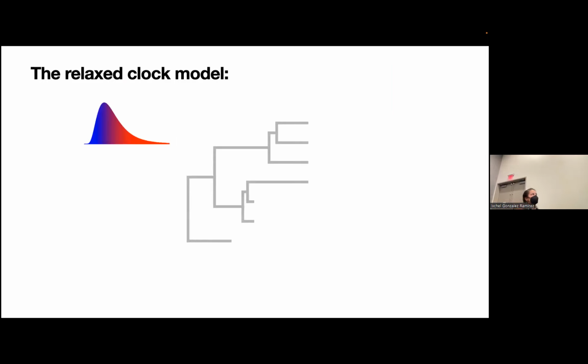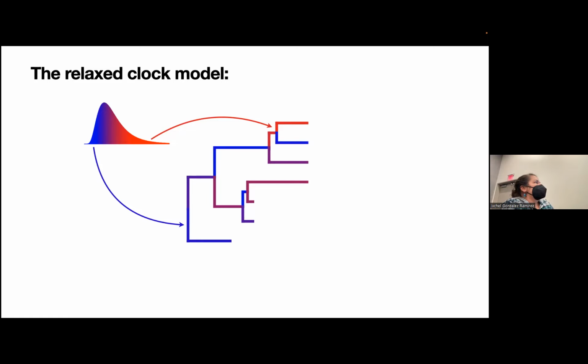We talked before about the global model, the one that says there's one rate across the phylogeny. But the reality is that we don't expect that to be true, so mainly we use relaxed clocks. A relaxed clock allows different branches to have different rates. How do we do that? We usually have a prior on how rates can be distributed.